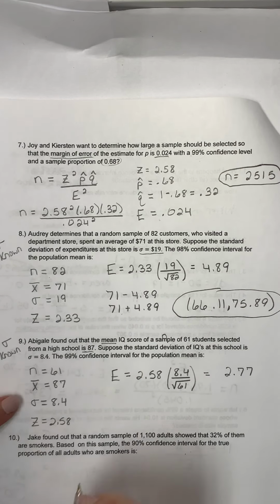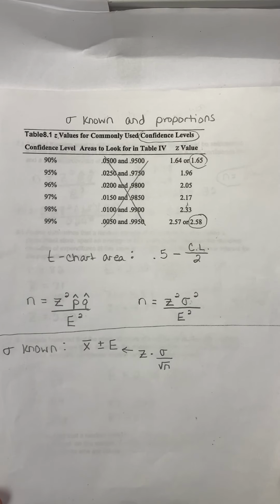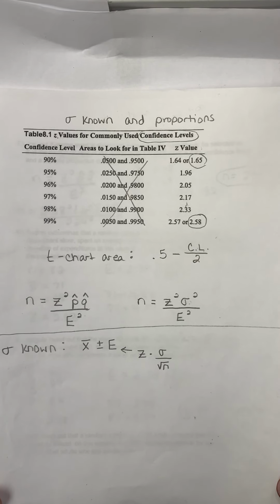That's my interval. So 84.23, 89.77. And there we go. So not hard. Again, I just wrote down some things I needed to remember right here. So far, that's all we've used.